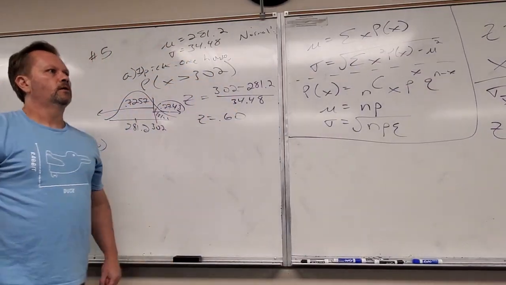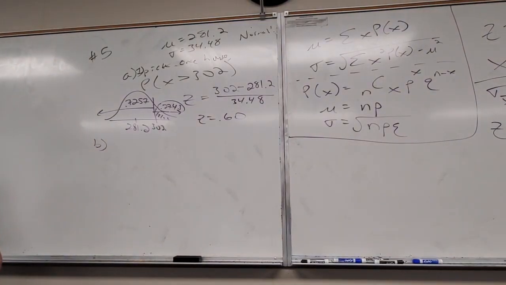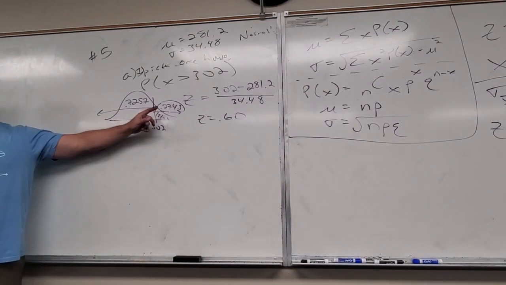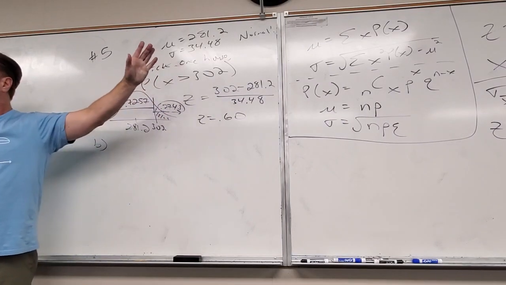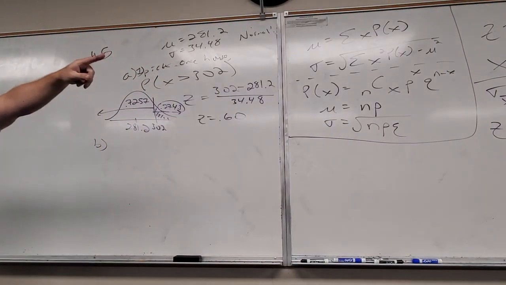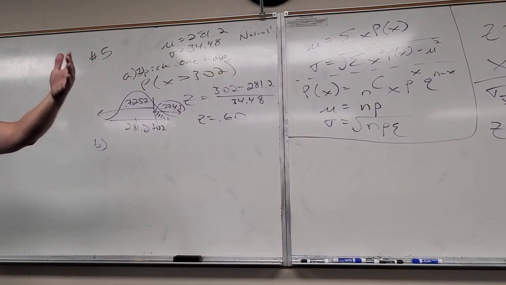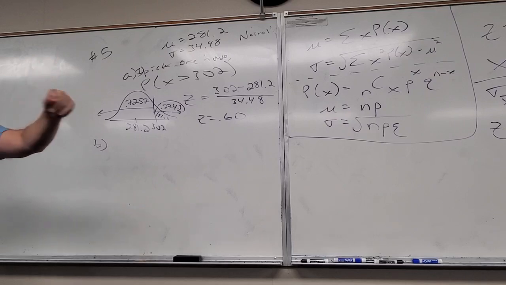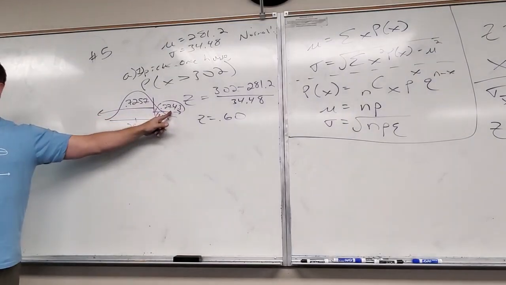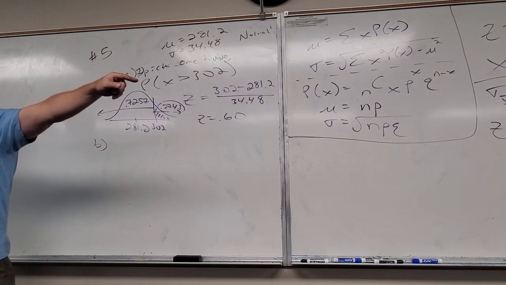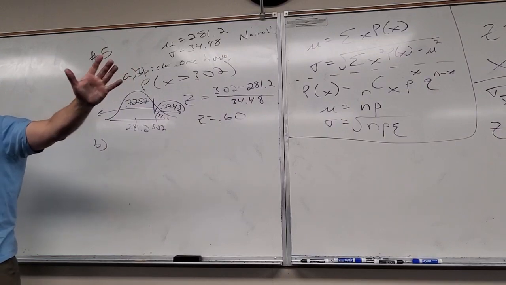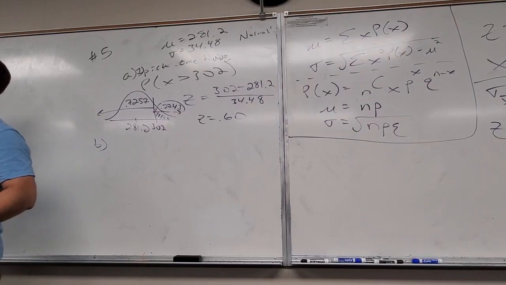Okay, yeah. So this means 27.43% of all houses generate more than 302, correct? If I take 120 houses, how many would I expect to generate more than 302? 27.43% of them, right? So how would I do 27.43% of 120?